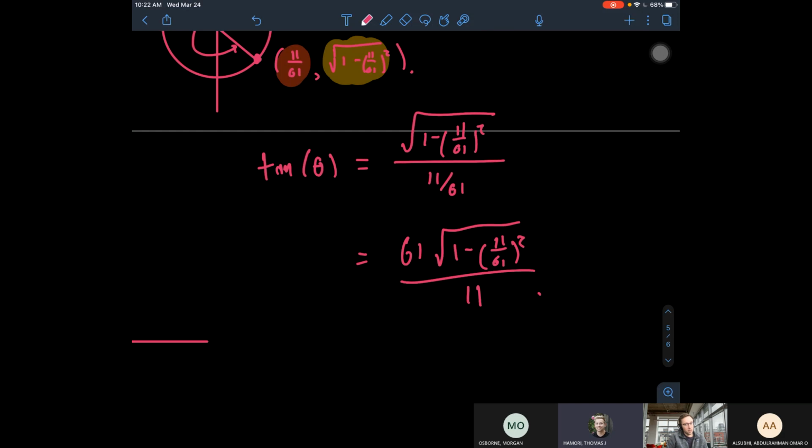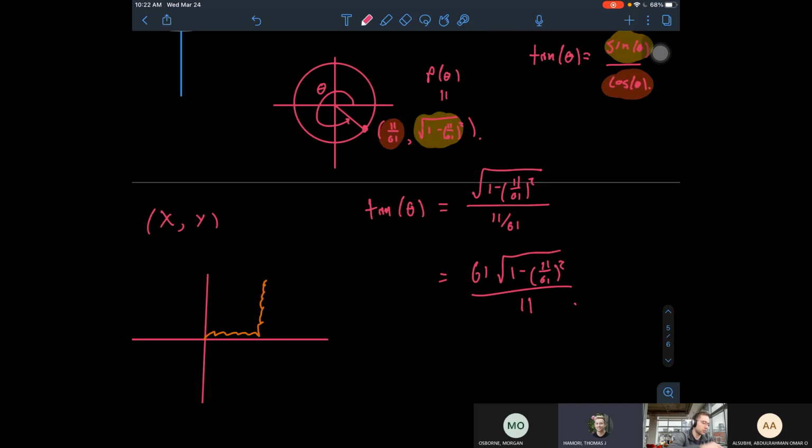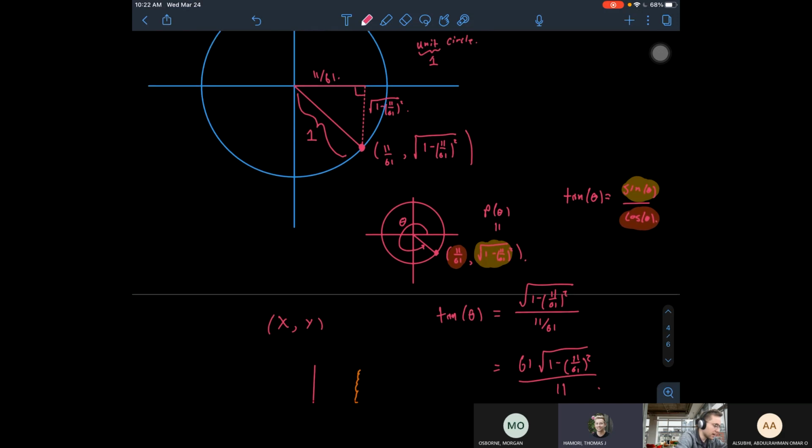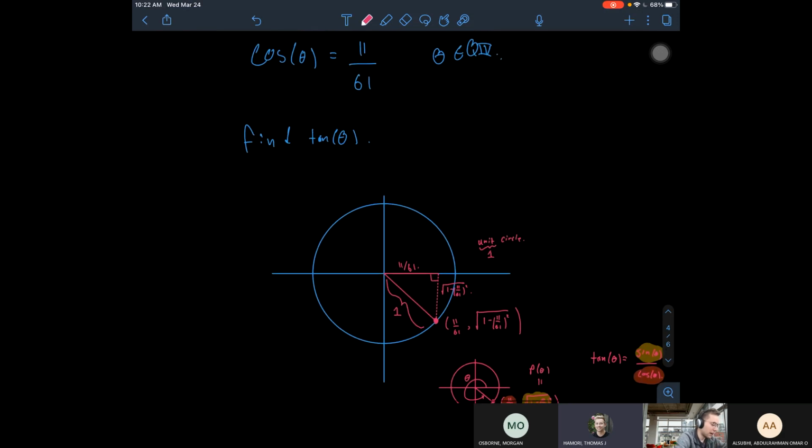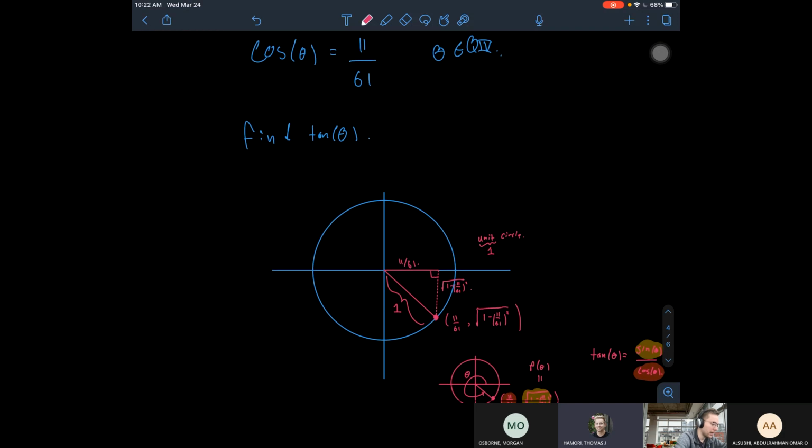All right, so pretty tricky problem. Here's why I think this problem is hard. It asks you to say something about trigonometry without ever even knowing what the actual angle theta is.